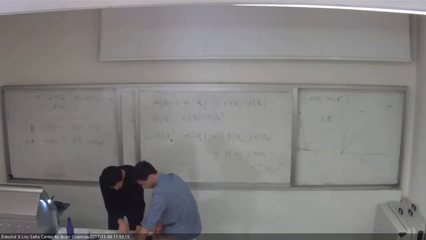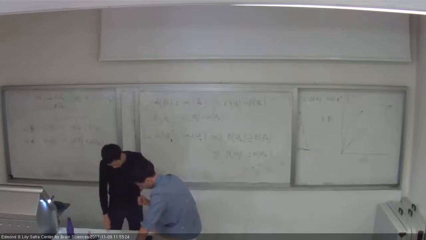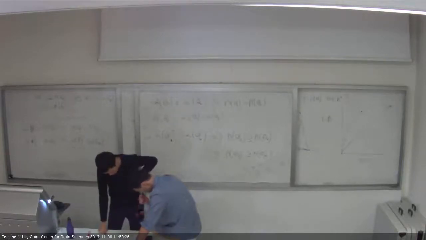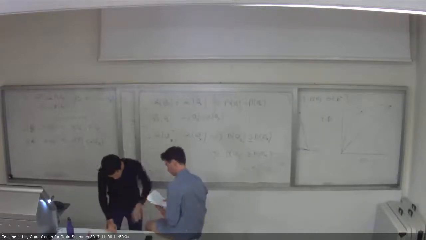This is alpha and this is beta, and this defines our classifier in the case of these two Gaussians.